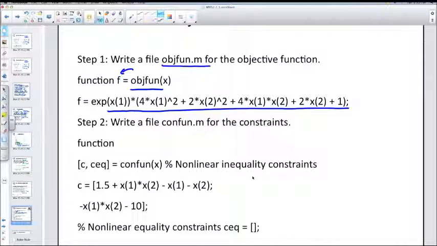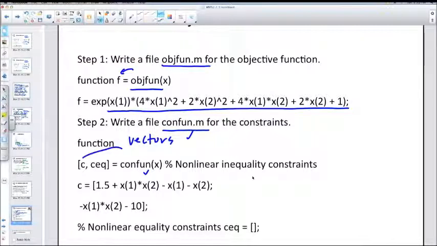Step two, you need to write this constraint function. Confun is the constraint function. The name could be different, but you need to match this file name and the function name. And this function returns two vectors.